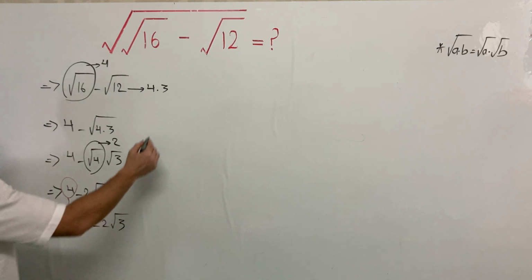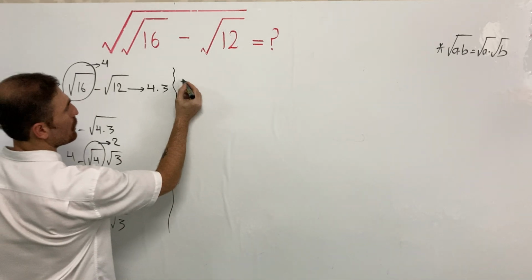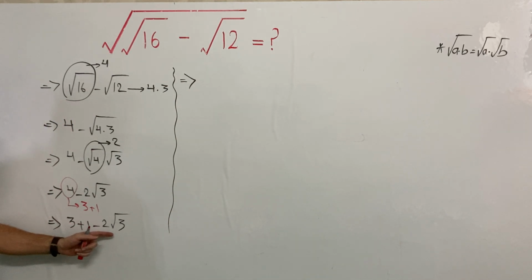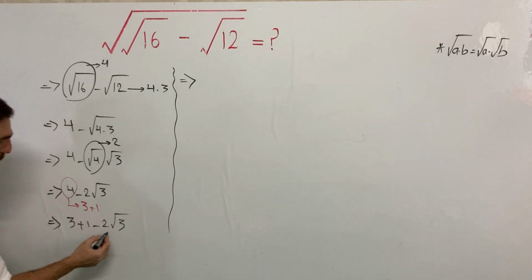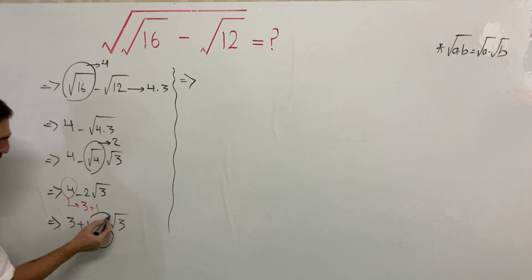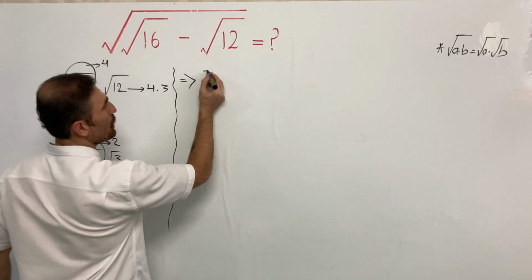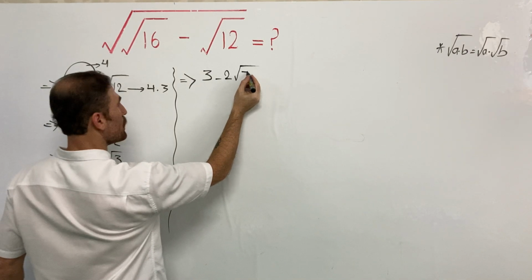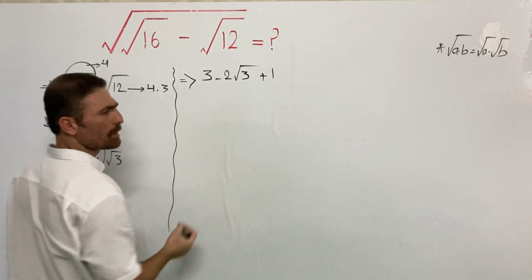Here we have 3, 1, negative 2 times the square root of 3. I'm going to replace these two terms, so it's going to be 3 minus 2 times the square root of 3 plus 1. But what is this?